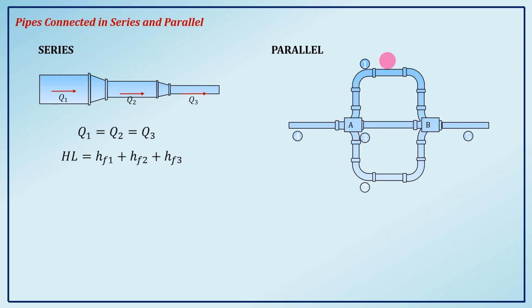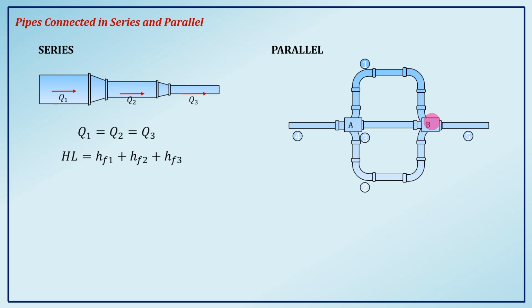Then they meet at B. So, point A and point B are the junctions of your pipe, where you can see the connection of the pipeline. And then at point B, they become one at the junction, and the liquid exits through our pipeline.